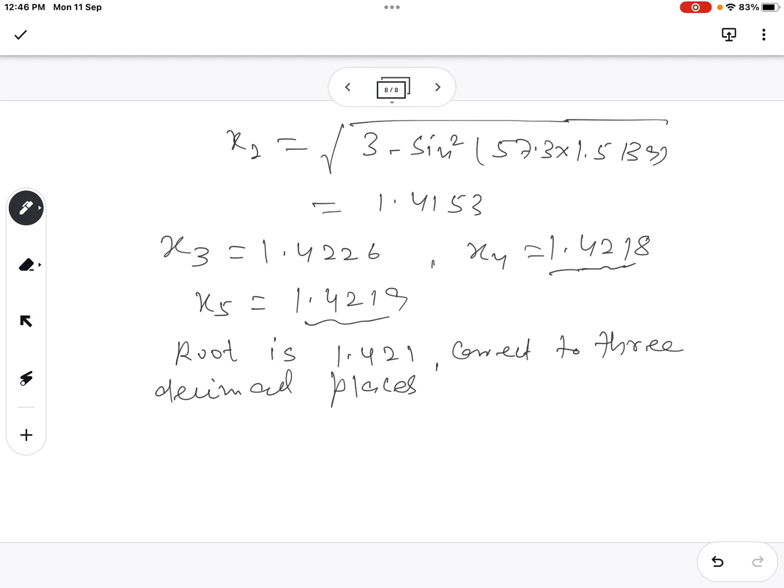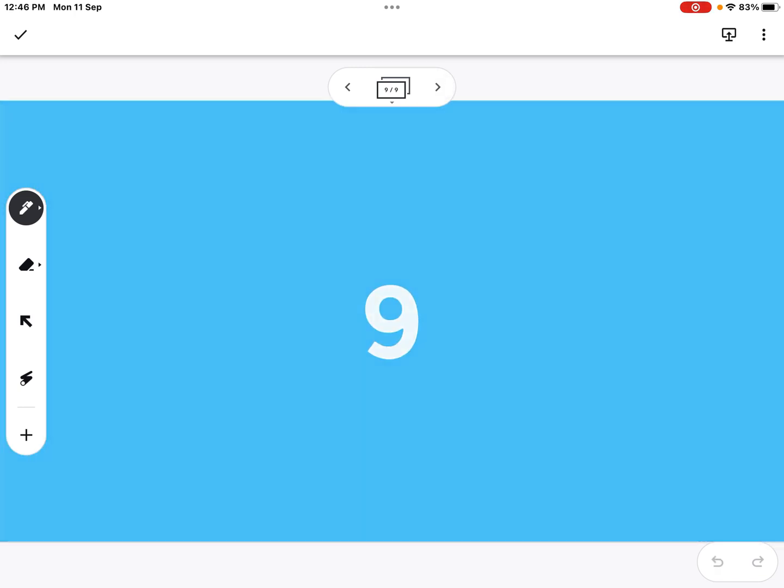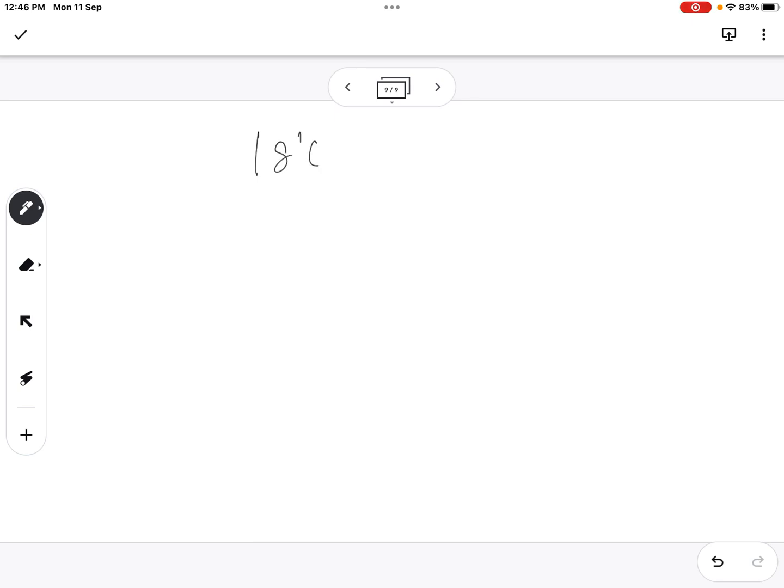Let us write down this equation in another form. Let us say that form is x equal to sine inverse of the square root of 3 minus x square. So what will be g prime here?